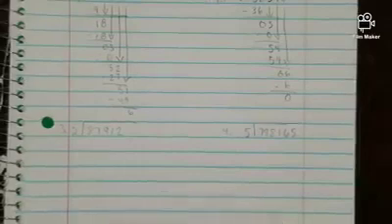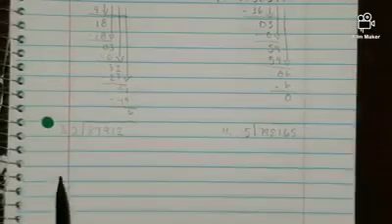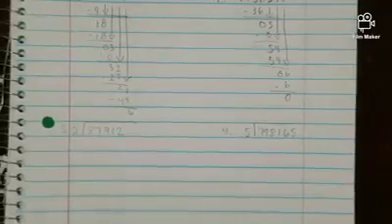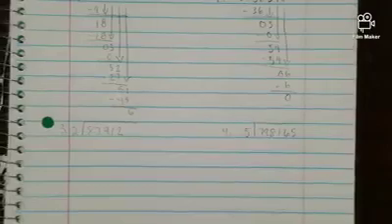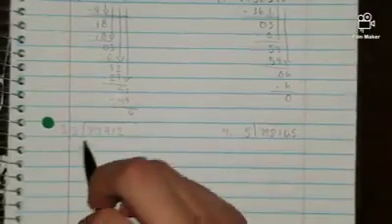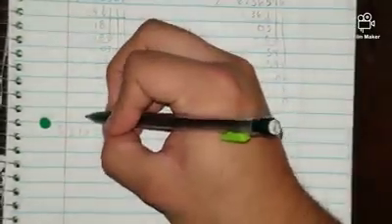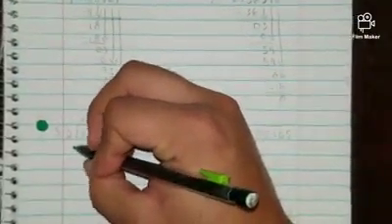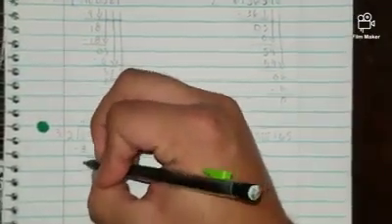For the next problem, we have 2 divided by 87,912. So first, we would see, can 2 go into 8, which it can, 4 times. 2 times 4 gives us 8. Subtract. 8 minus 8 is 0.